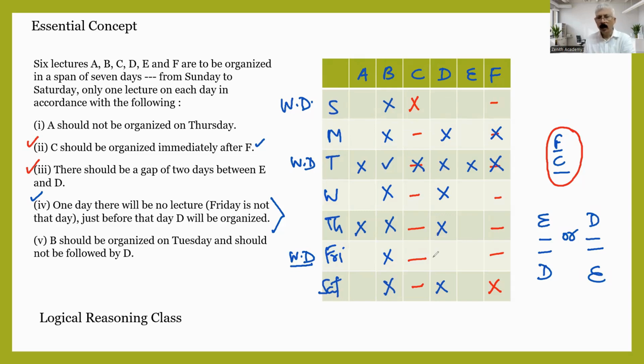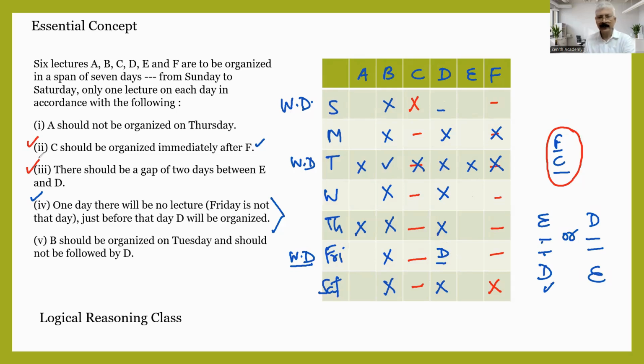So now see, only 2 days for lecture D are left. One is either on Sunday or Friday. If I take lecture D on a Friday, then 2 days gap and then E. Then E should be on Tuesday, but Tuesday is booked for lecture B. It means this possibility is ruled out.